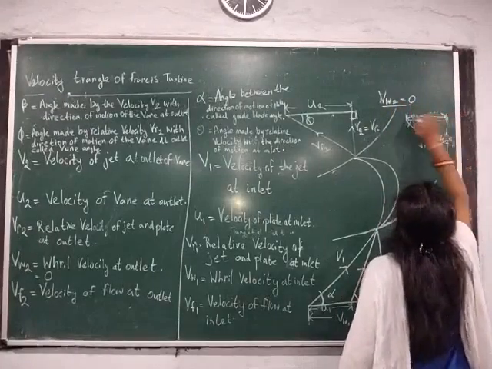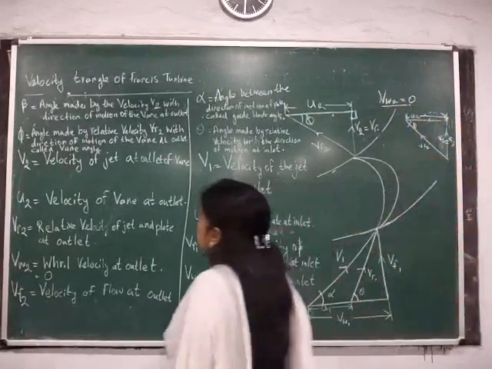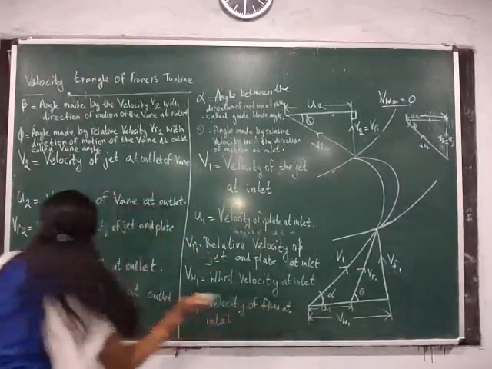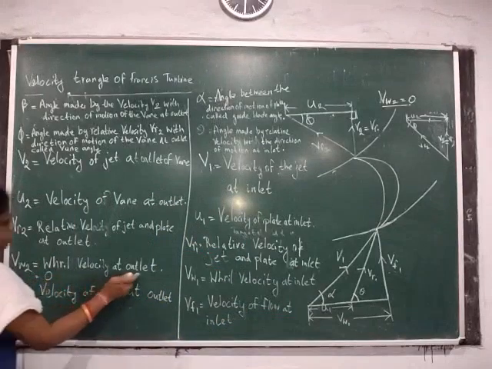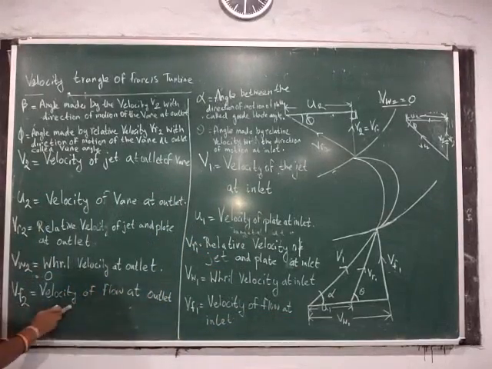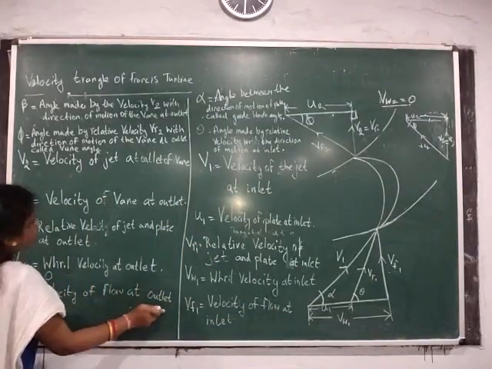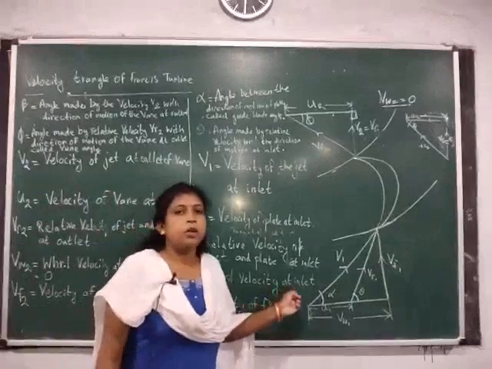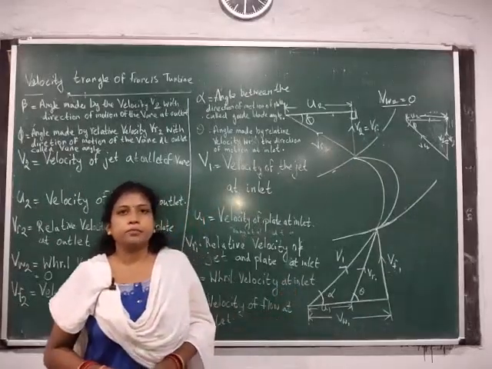So this becomes U2. Similarly, as we have seen in the inlet triangle, VW2 is the whirl velocity at outlet, and VF2 is the velocity of flow at outlet. So this completes the velocity triangle of a Francis turbine.